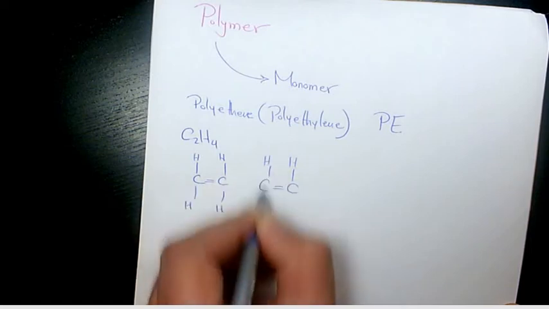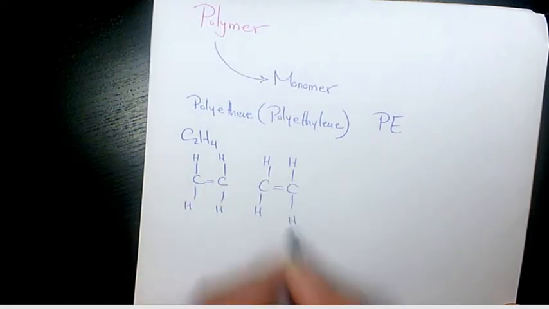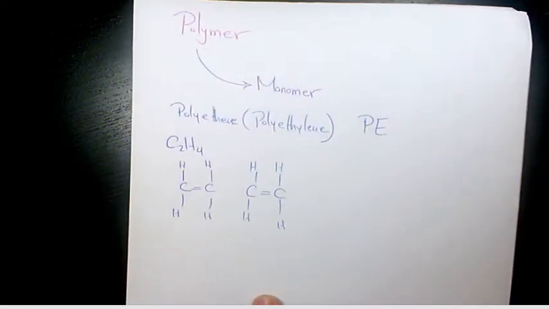So we have lots of them, and then the reaction is going to get initiated, and then we can produce polymer. This type of polymerization reaction is called the addition reaction, in which the double bond in each monomer is converted into a single bond, freeing up two electrons that form carbon-carbon single bonds with other monomers.